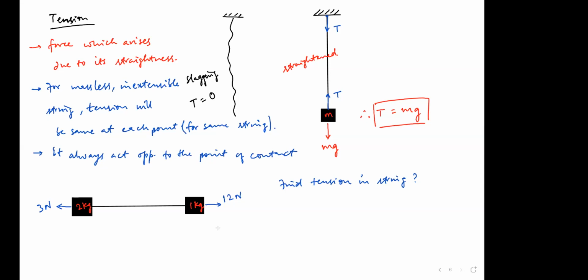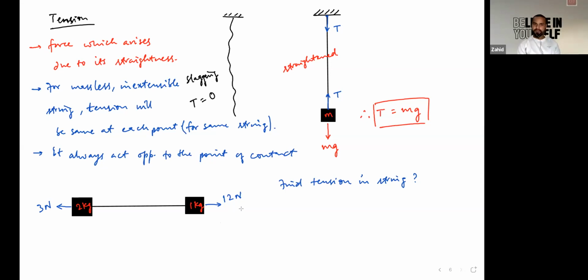Okay. So for any problem, first of all, make the whole set of blocks a single block system. Take this whole block as a single block system and apply the forces which are acting on it.